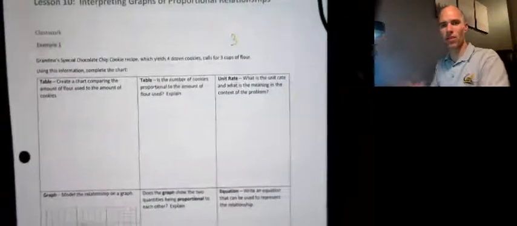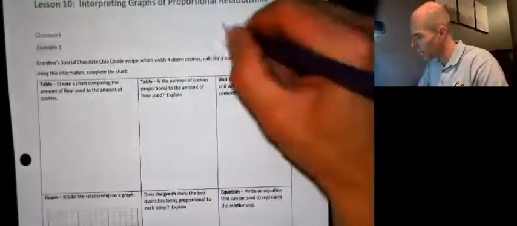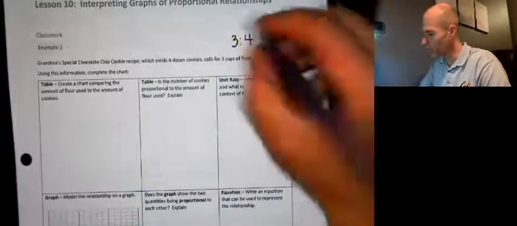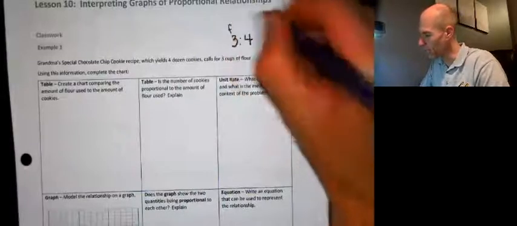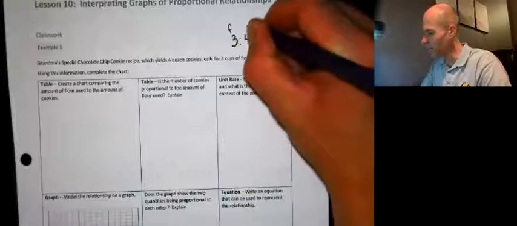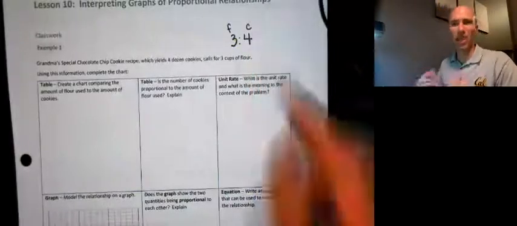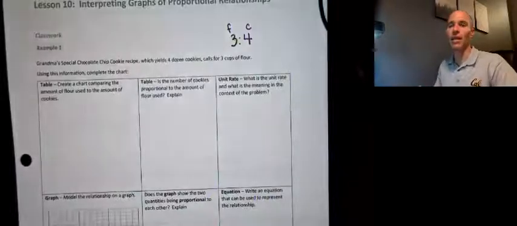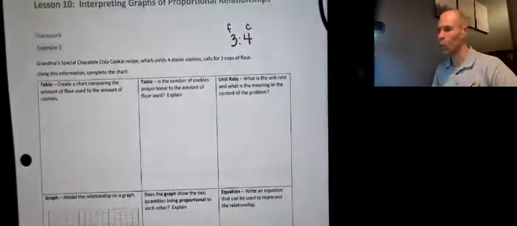There we go. I started to use a screen pen, but not very good. So we have this 3 to 4 ratio here, this being flour and this being cookies. Keep in mind that's 4 dozen, so really it's 48. But if we keep in mind that it's dozens the whole way, we should be able to work with this 3 to 4 ratio.